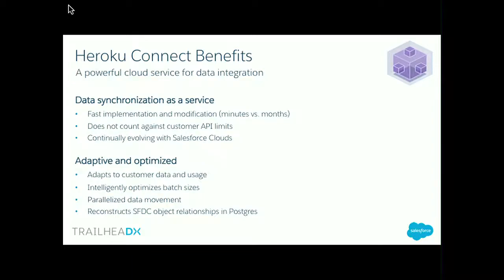A lot of work and thought has gone into making it as fast and as robust as possible. And baked into all of that is a deep knowledge of Salesforce, and we stay current on that. So the system understands the Salesforce data model and the Salesforce APIs. It deals with the various idiosyncrasies and implements the best practices. Again, it frees you up from having to worry about some of those low-level details.